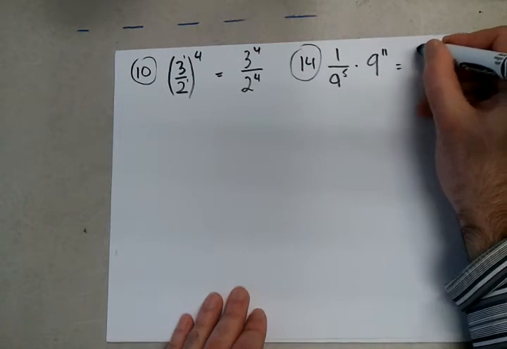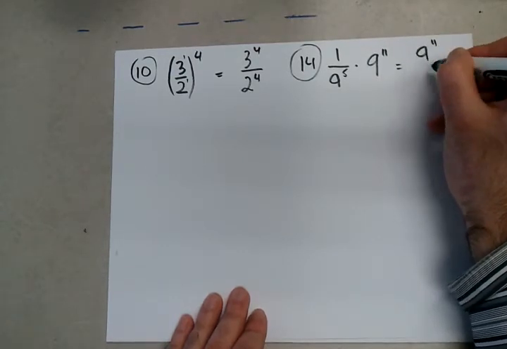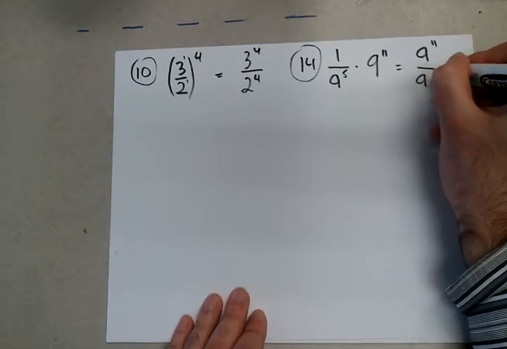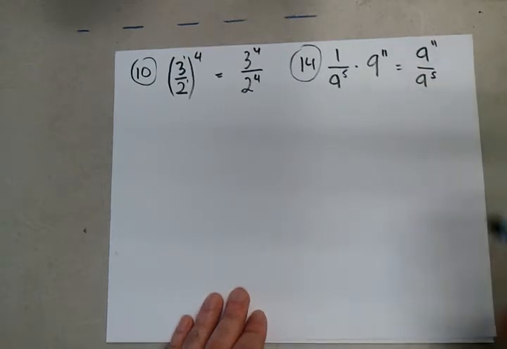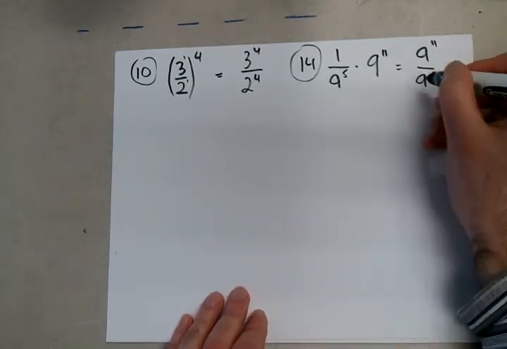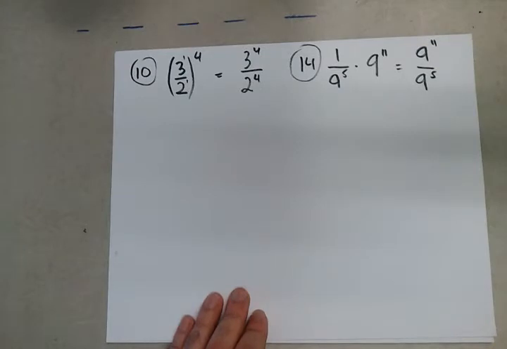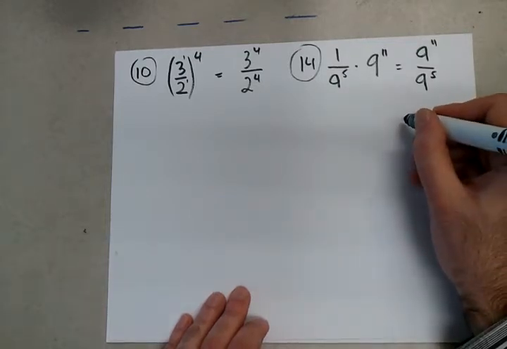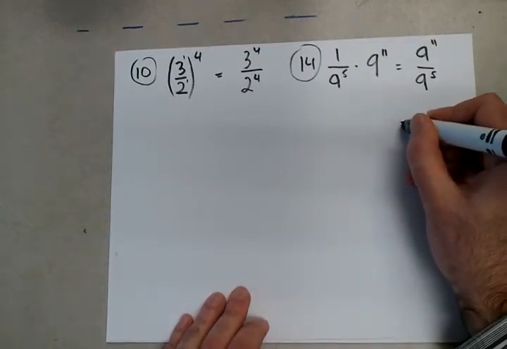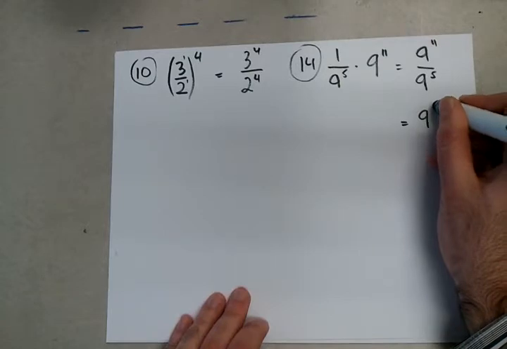You can rewrite this problem just like this, and make it 9 to the 11th divided by 9 to the 5th. So now you have 2 identical bases and you're dividing them. In this case, you just subtract the exponents, which is 11 minus 5. So this is going to be 9 to the 6th.